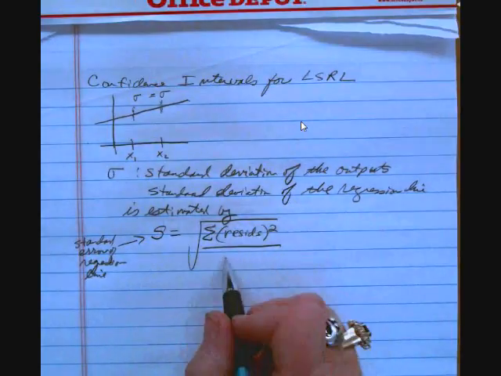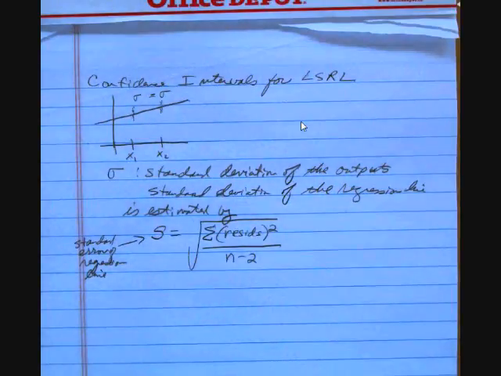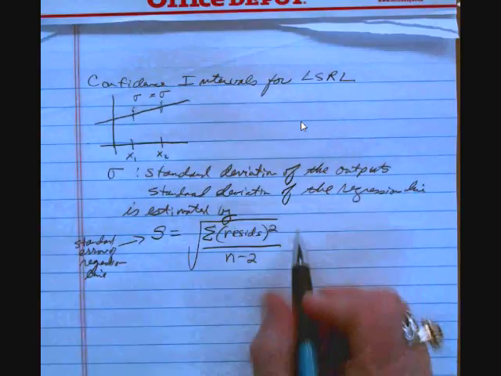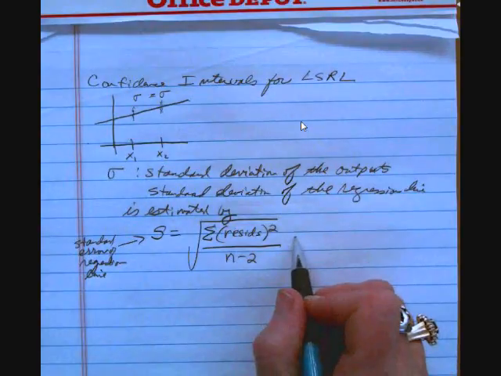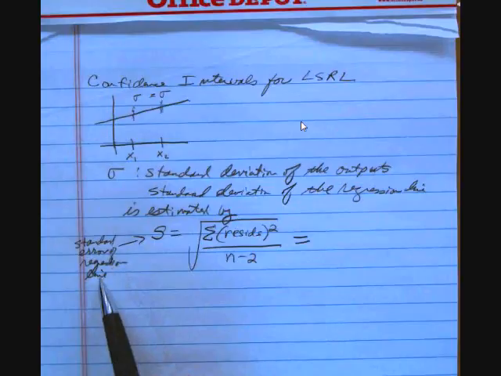Then I divide by n minus 2, and I take the square root of the whole thing because it's a standard deviation rather than a variance. All right. So let's count. Yes, ma'am? Standard error of the regression line. Sorry, I wrote that small because it was kind of an aside, but okay.